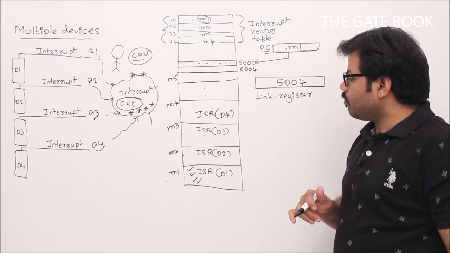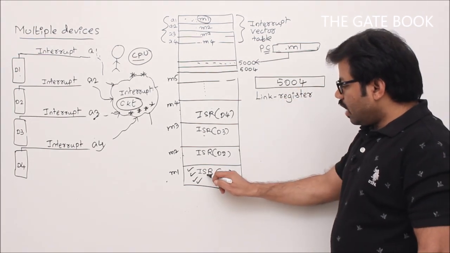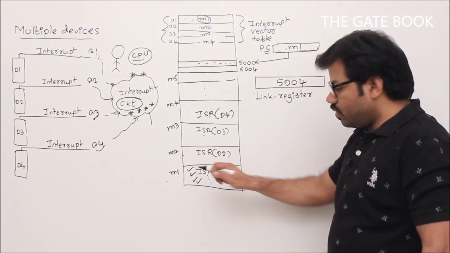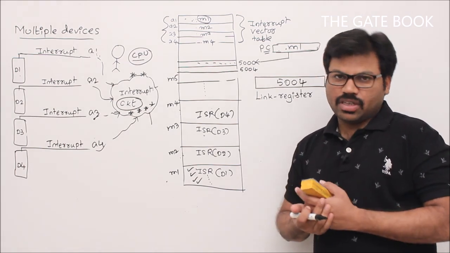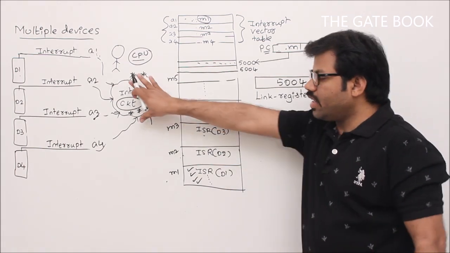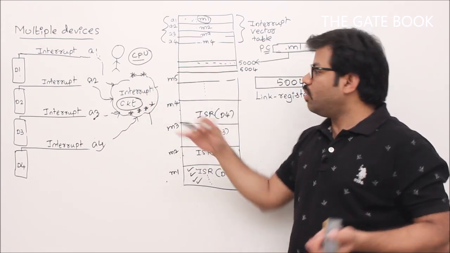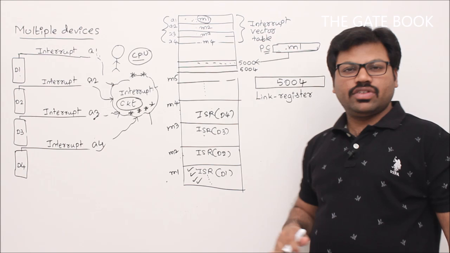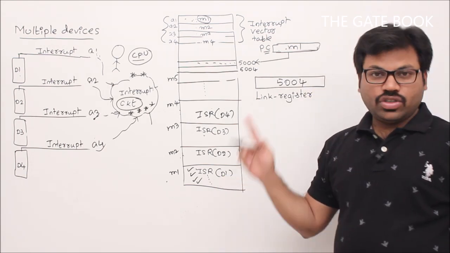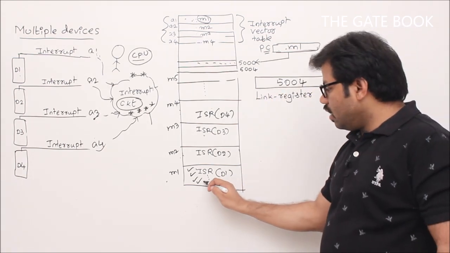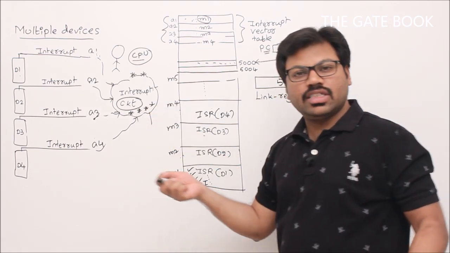Now second thing, this interrupt service routine we have to write. There is a programmer responsibility also. What is the device or hardware responsibility? Hardware is allowing us to jump automatically to the interrupt service routine. But while coming back, we should go to the appropriate place. That's why here again the hardware is supporting us with one more instruction.